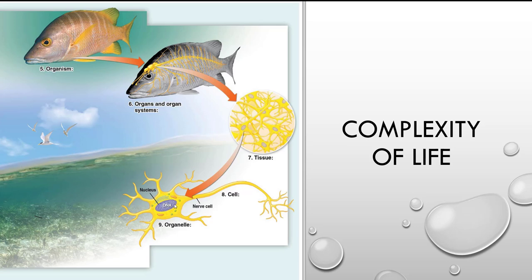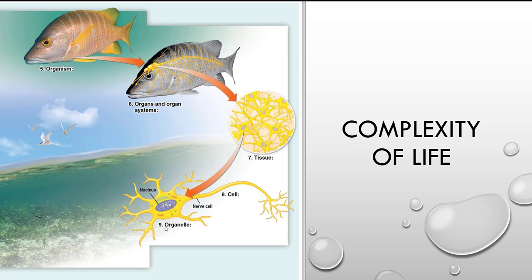Its job is to house the DNA. Or we might have the mitochondrion, which is the powerhouse of the cell. Or we might have the endoplasmic reticulum, which modifies and makes the proteins and lipids and things like that. So those are the organelles that make up the cell.